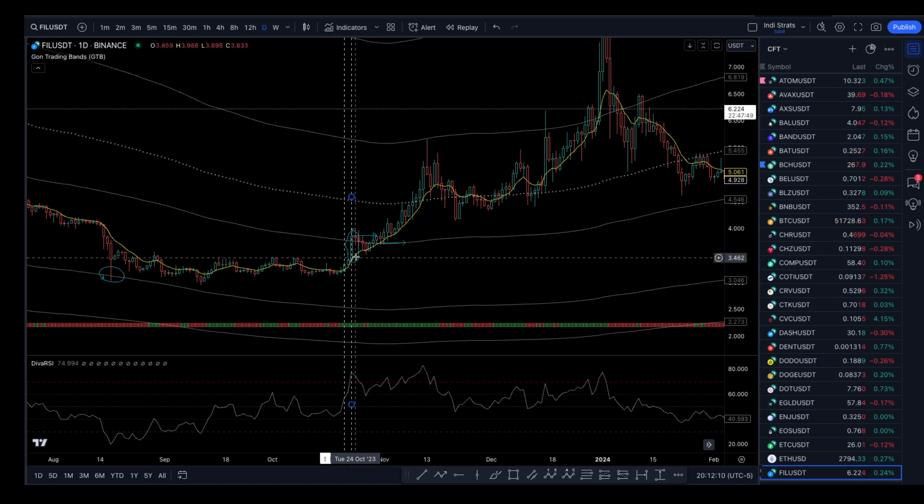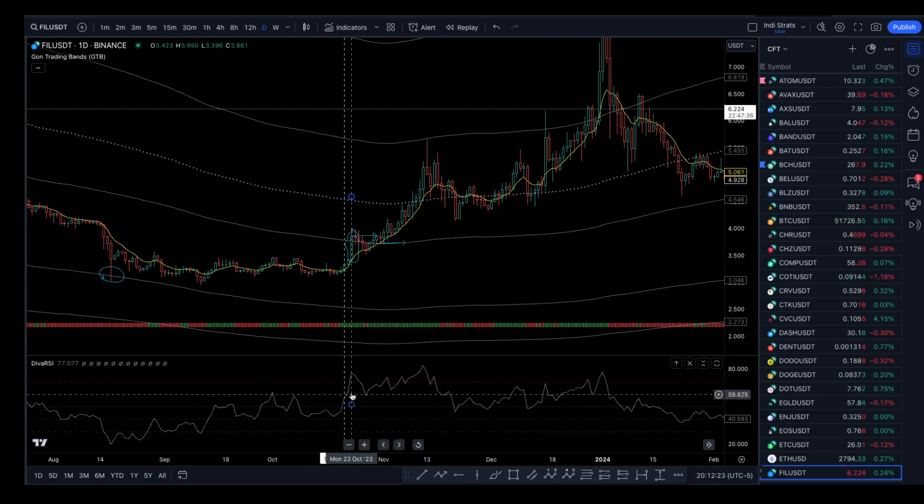You can already tell it's a huge candle. Relative strength line is far away. And the DivaRSI also accelerated very fast into the overextended area. And it has not retested the 50 nor the 60 level.